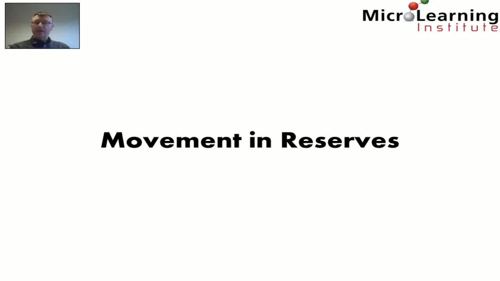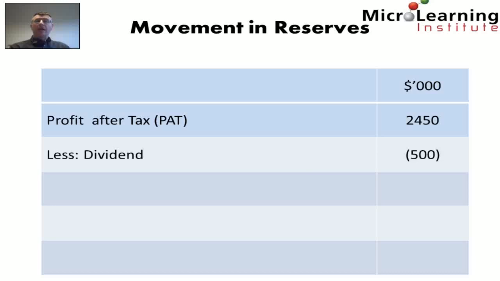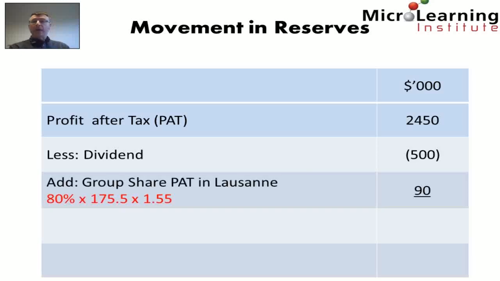So now we can move to calculate what is the movement in reserves for the period, the movement in consolidated reserves. So consolidated reserves, firstly, are augmented by the profit after tax of the holding company, which is Mitchell. Now that's $2.45 million. Less, of course, the dividend that was paid out of that profit of $500,000. And of course, we add here the group share of the profit after tax in Lausanne.